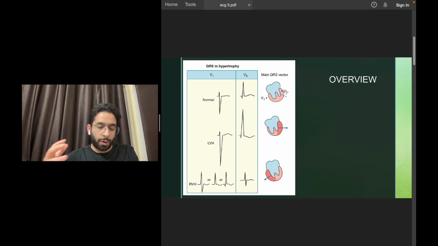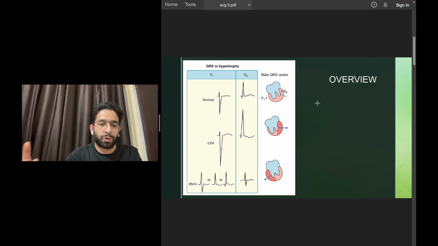We know that normally the left ventricle has more muscle than the right ventricle, which is why the electrical forces of the left ventricle dominate those of the right ventricle. That is why the single arrow shown in this picture is pointed towards the left, towards what is known as the average or mean QRS axis. It's directed towards the left because the left ventricle has more muscle.